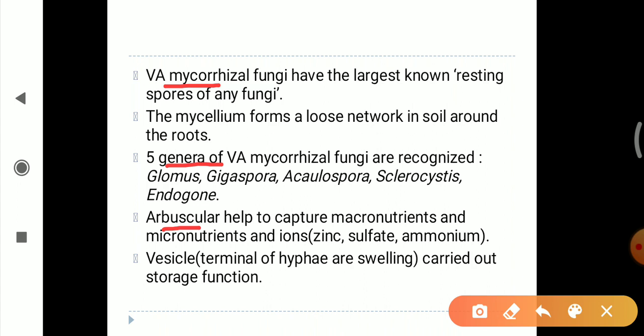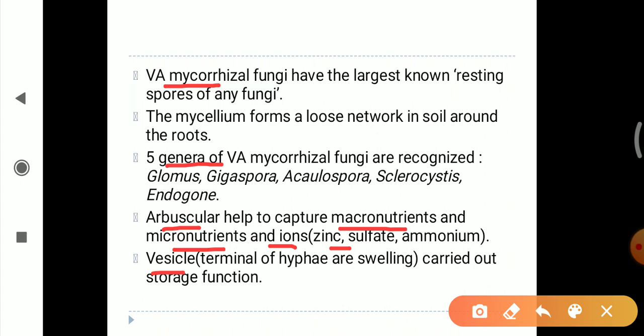In endomycorrhizas, we have seen 2 specialized structures, arbuscules and vesicles. Arbuscules means tree-like structures and vesicles means balloon-like structures. So the arbuscular structure, a tree-like structure, helps in capturing the macronutrients, micronutrients and ions present in the soil, ions such as zinc, sulfate, ammonium.